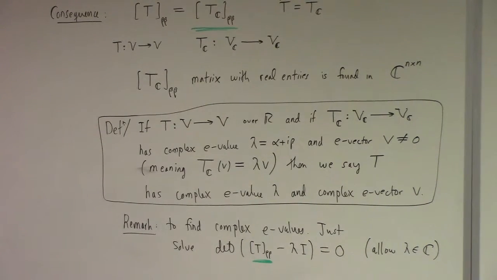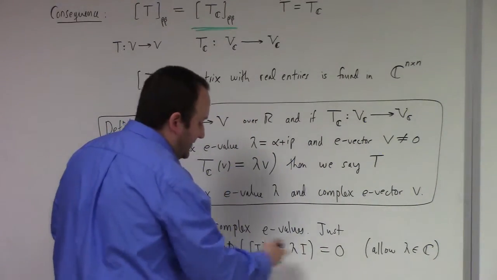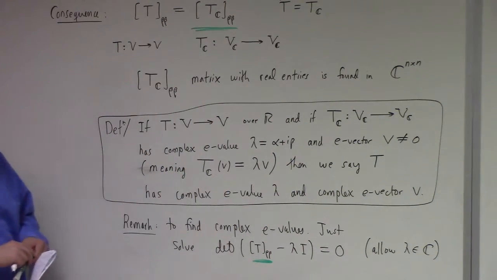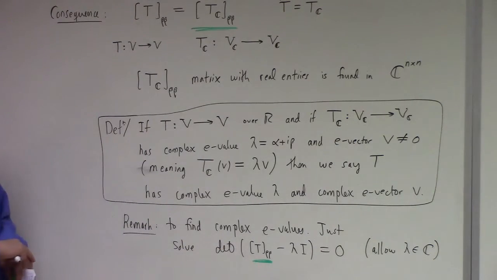The characteristic equation has n solutions, right? Because it's over the complexes, they could be repeated. But the solutions are there, and that still makes sense. So we're just referring back to our theory of complex vector spaces when we do this. It just so happens that we can use the real matrix in this way.